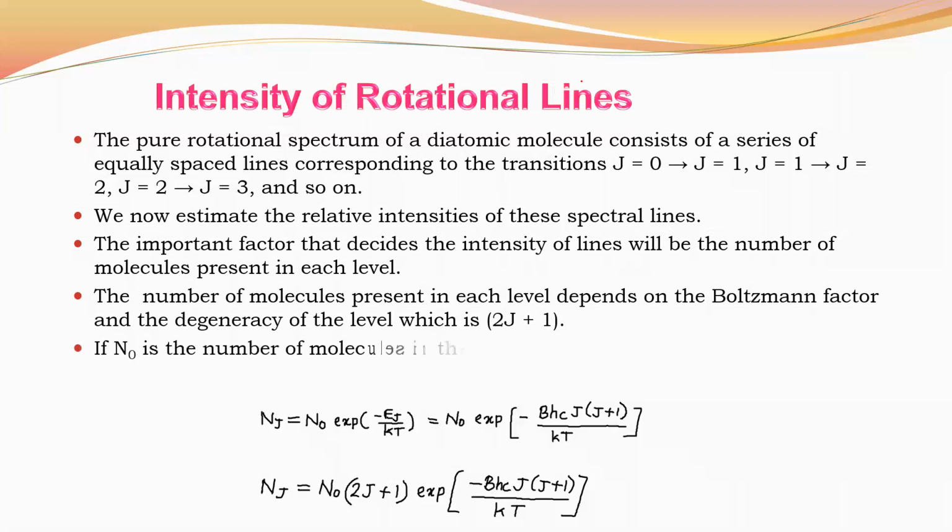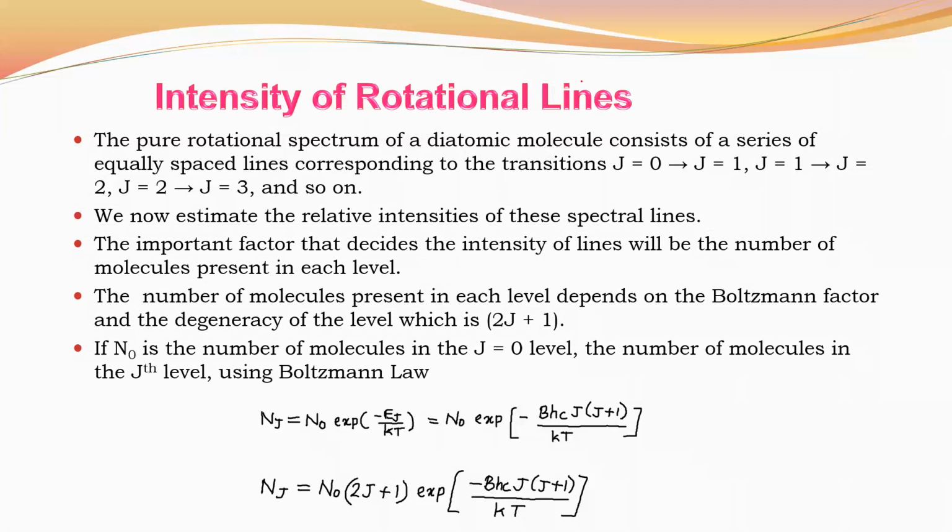If n0 is the number of molecules in the J equal to 0 level, the number of molecules in the Jth level using Boltzmann's law is given by nJ is equal to n0 exponent of minus EJ divided by kT. What is the expression of EJ? EJ is equal to BhcJ into J plus 1.